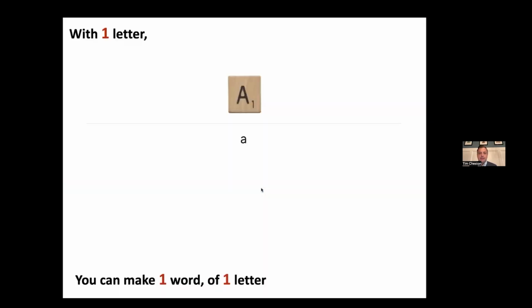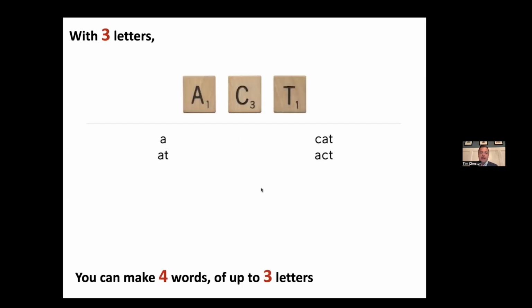And so what we learn is that a society such as the farming society that has one single letter is able to produce one word, and a word that is only one letter. As we begin to add other specialized know-how, add new letters, with 3 letters we can produce 4 words of up to 3 letters.